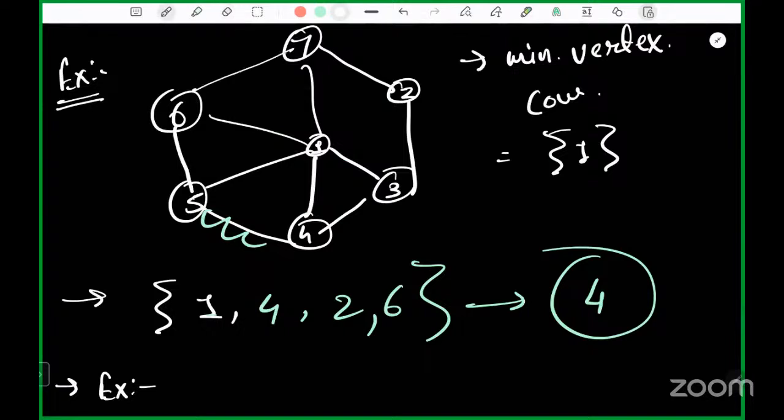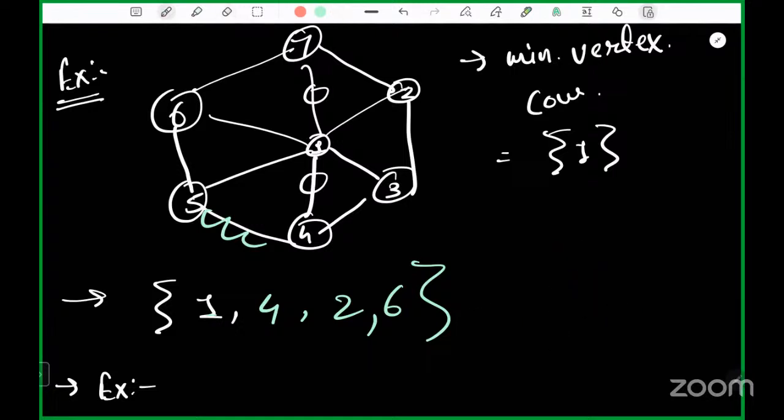Let's see. Suppose we take 6 and 3. 6 will cover these 3 edges, and 3 will cover these 3 edges, but there are other edges too. Let me draw this. This one, this one, this one, this one. These edges are not covered, so 4 or 5 edges are left uncovered.